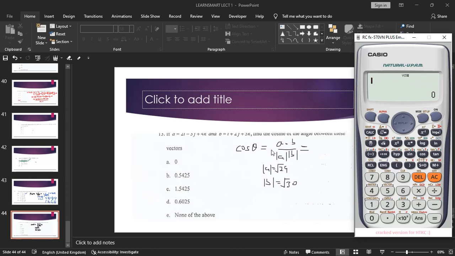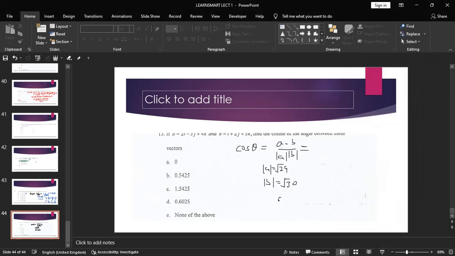Now let's find A dot B. So shift vector A, and then shift vector 7, that's our dot, shift vector B. So this will give us 16. So we have A dot B is equal to 16.